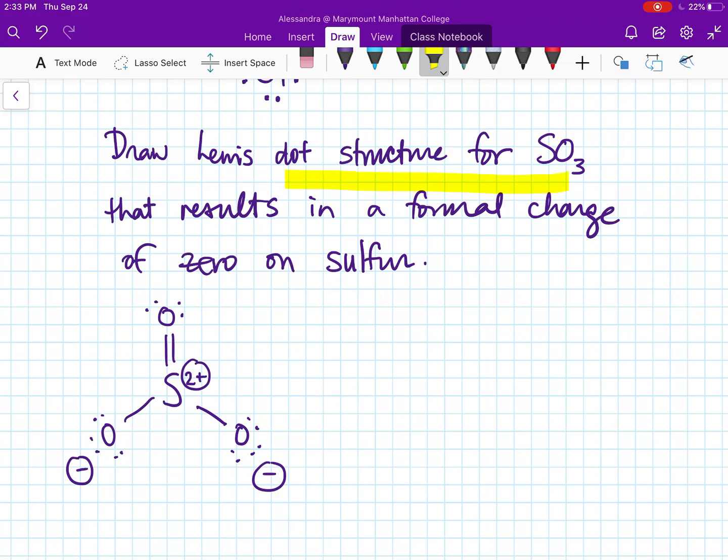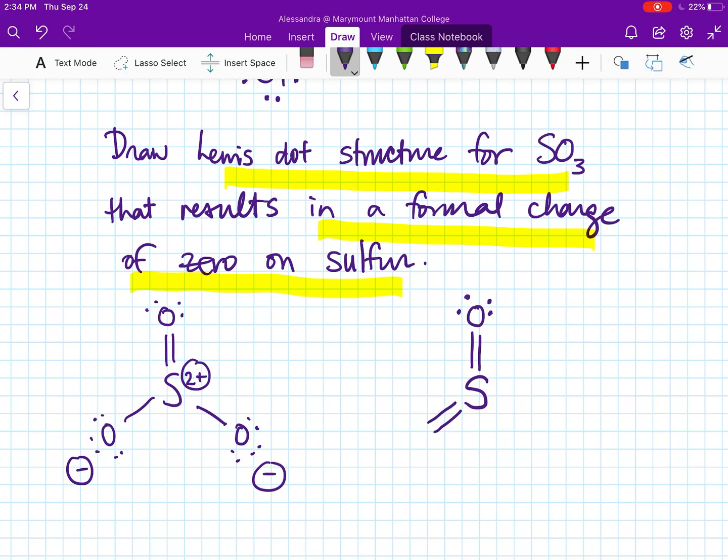Now I want to see if I can draw a different structure with a formal charge of 0 on sulfur. If I find sulfur in the periodic table, it's a third row element, so sulfur is perfectly capable of expanding beyond the octet. I'm going to play with the molecule. I can't use the handy hints here because I'm going beyond the octet for sulfur.